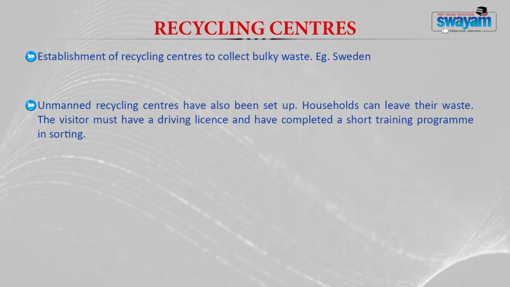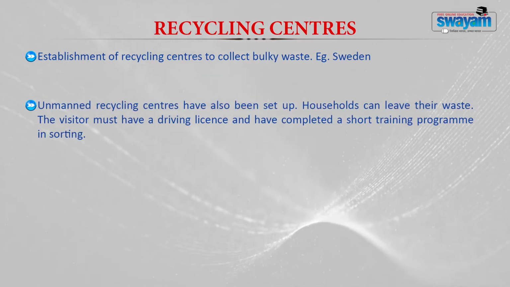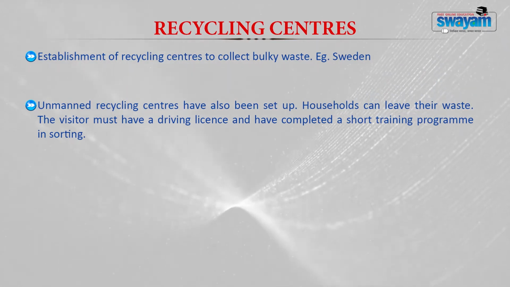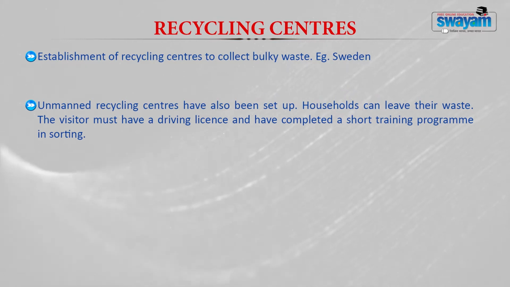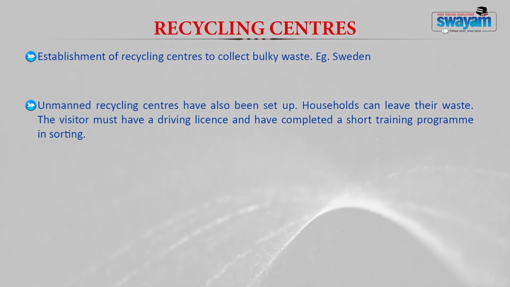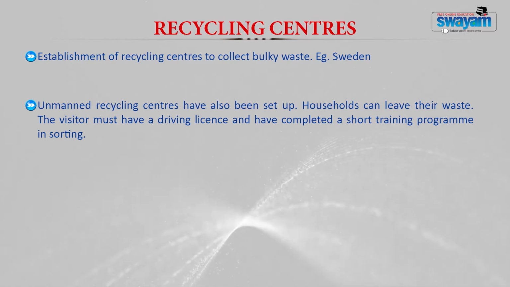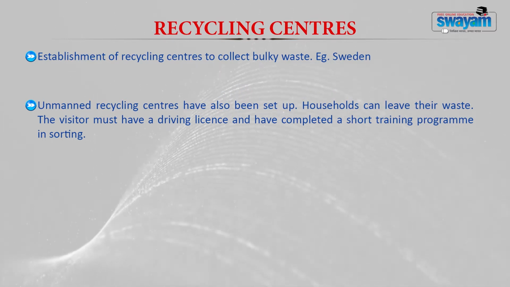When you talk about the unmanned recycling center, the households, the persons from the residential area, can leave their waste and they have to do it on their own. So, the people bringing waste to the unmanned recycling center must have a driving license, and they should also have completed a short-term training program in sorting.